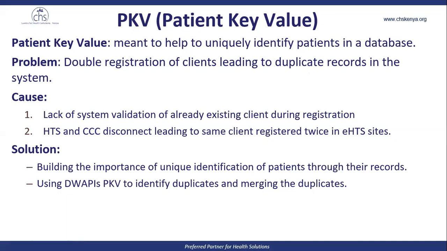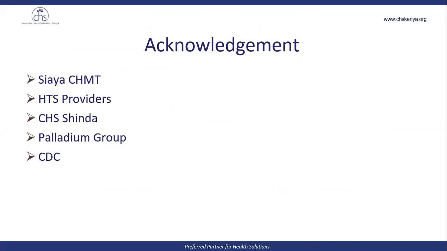So for the clients that the patient key value has given us as duplicate patients, we go through the patients confirming several indicators, maybe phone number, who their treatment supporter is, when they were born. And once we realize that these are true duplicate clients, we have been able to merge the same. So I think that marks the end of our presentation.